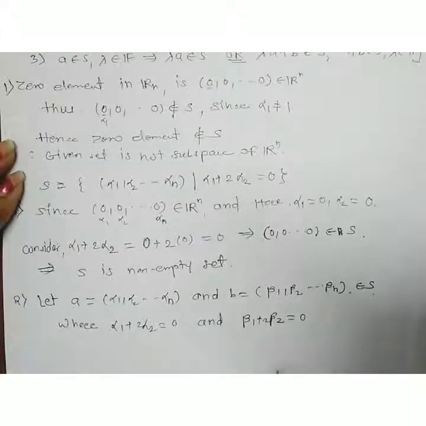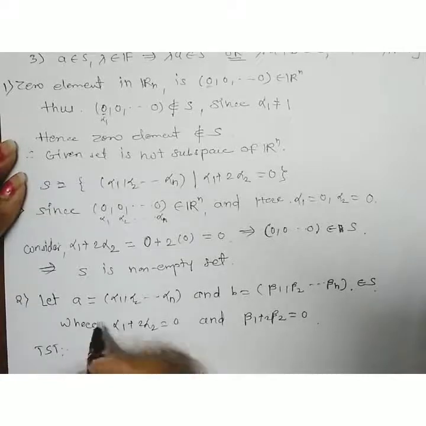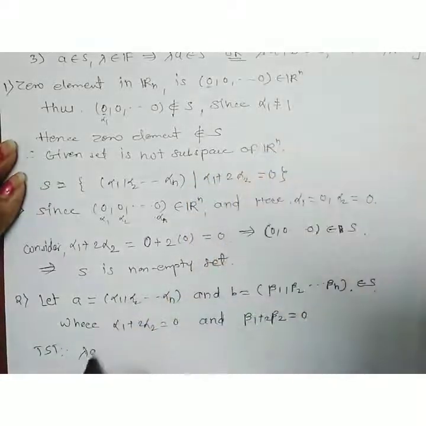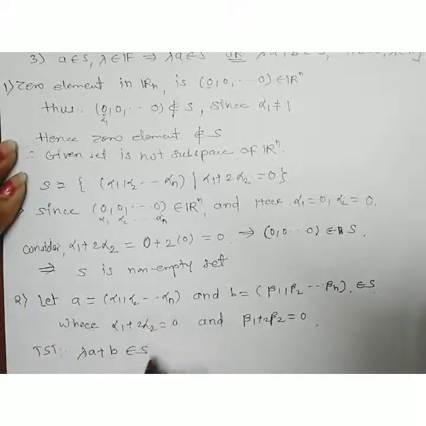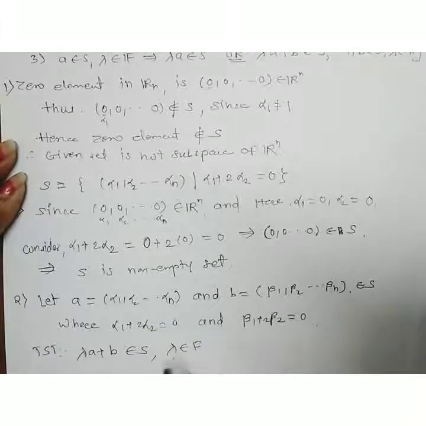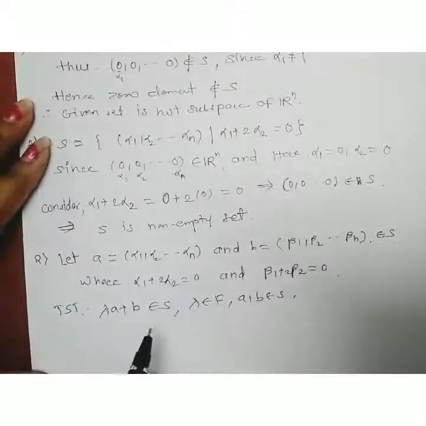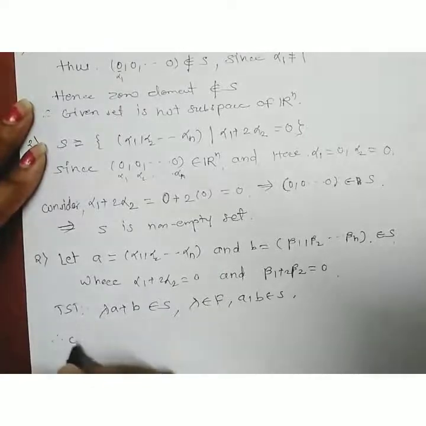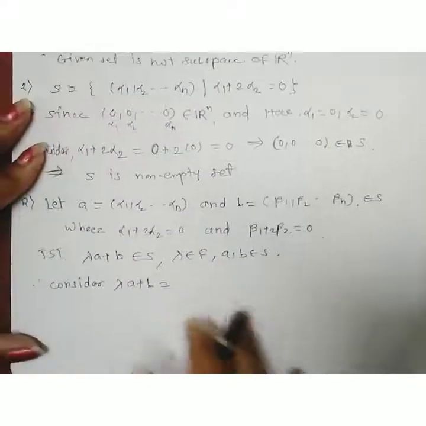Now, what we have to show is that lambda a plus b belongs to that set for lambda belonging to field F and a, b belonging to S. We have to show that this element belongs to set S. Therefore, consider lambda a plus b, and put in the values of a and b.